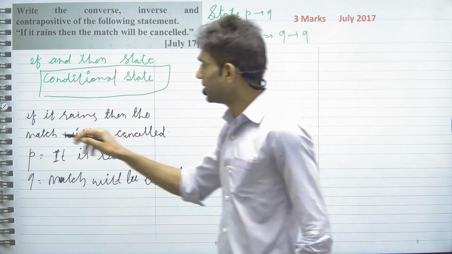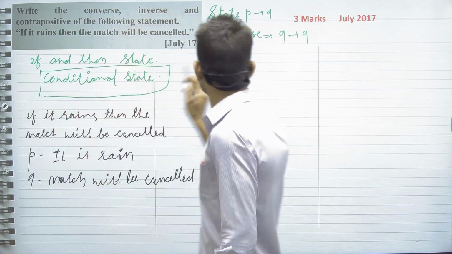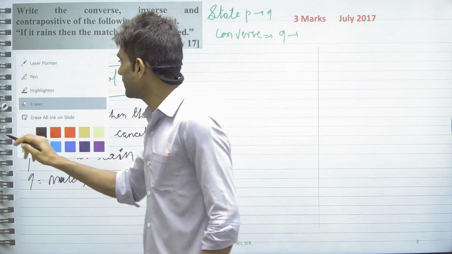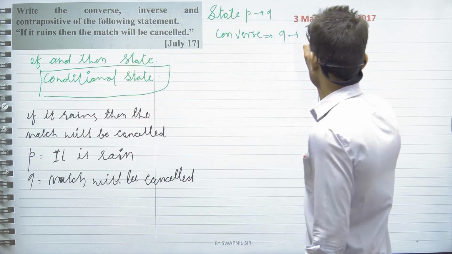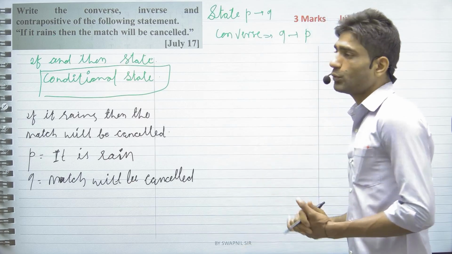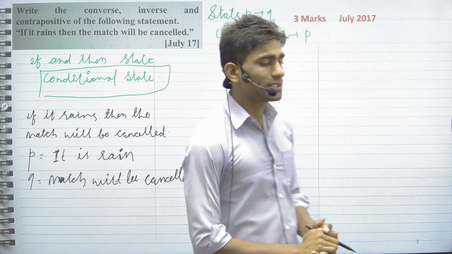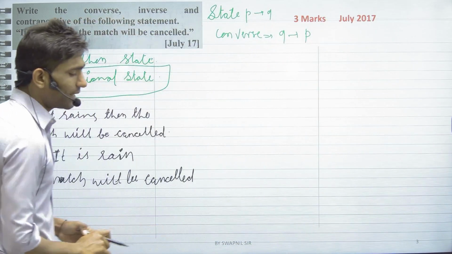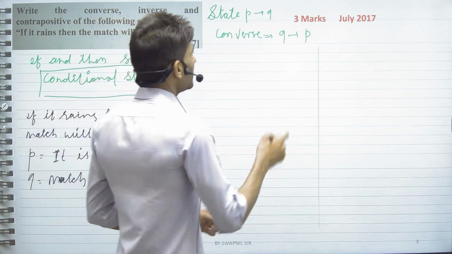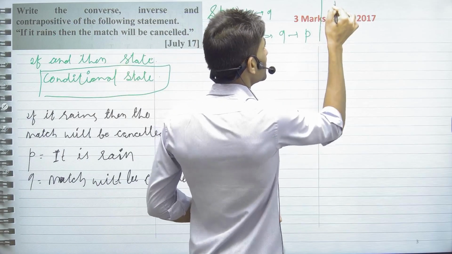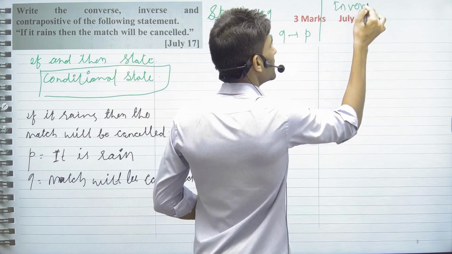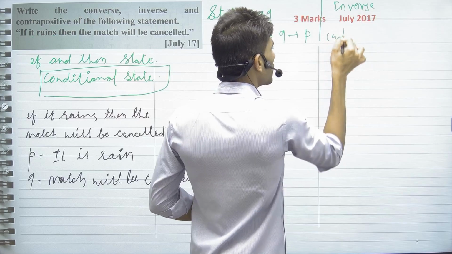Converse, what does it say? Q implies P. So if we have statement P implies Q, then its converse is Q implies P. Then inverse and contrapositive.